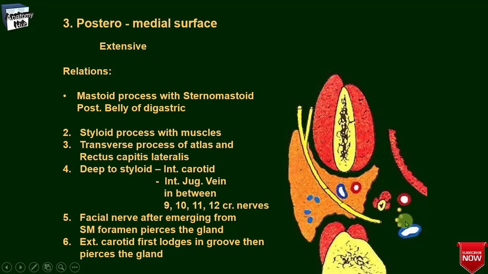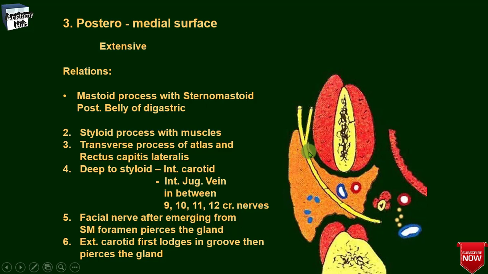So the facial nerve, after coming out of the stylomastoid foramen, pierces this parotid gland and enters into it, and first it lodges inside the groove, then it divides into two divisions.